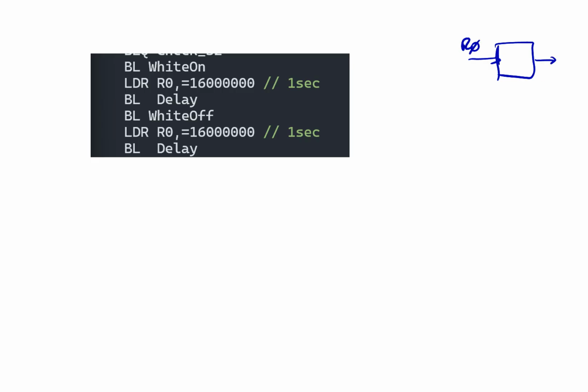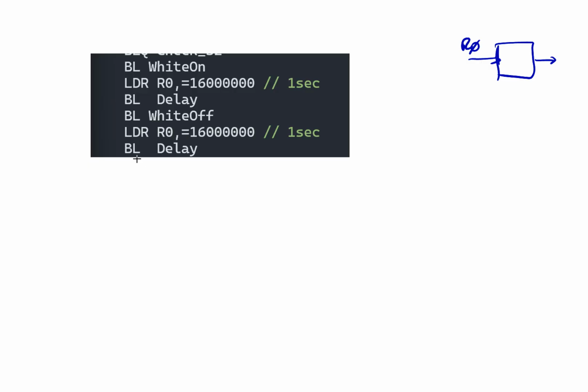This number, 16 million, is going to make it delay for 1 second. Then I'm going to call white off, which will turn off the white LED, and then delay for 1 more second.